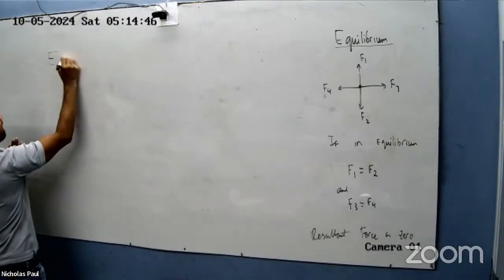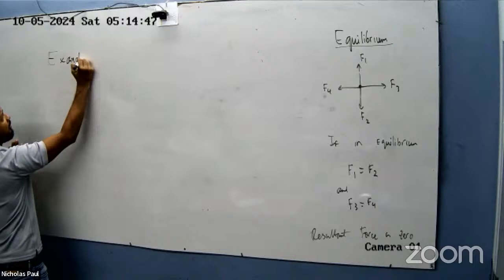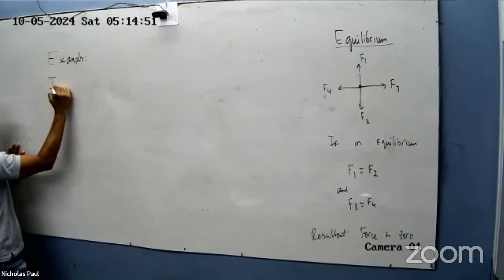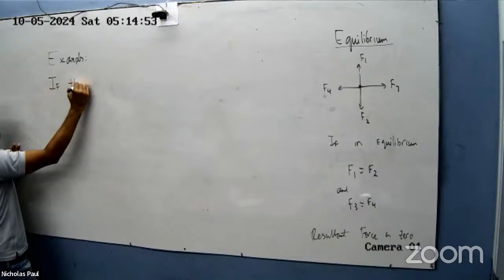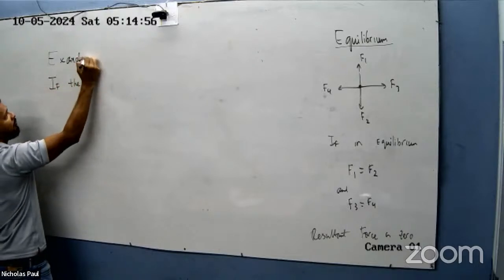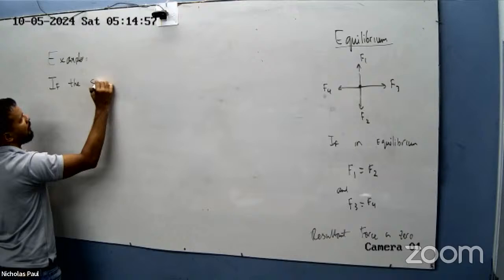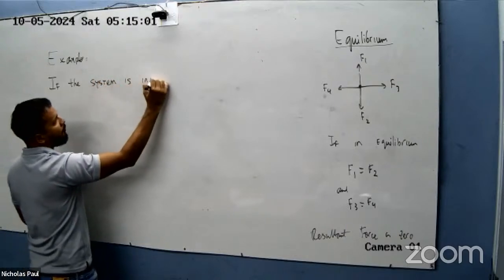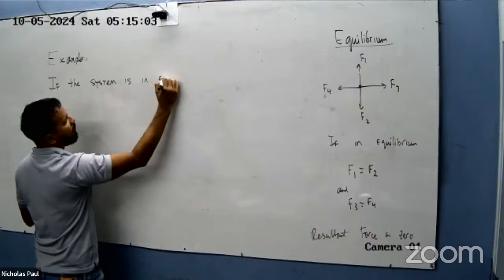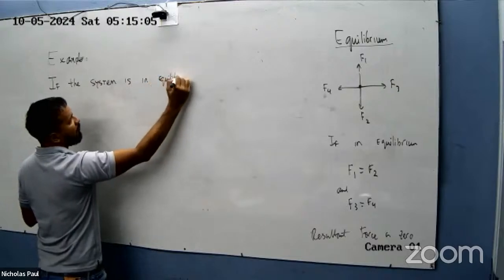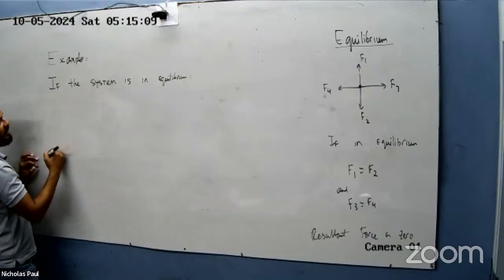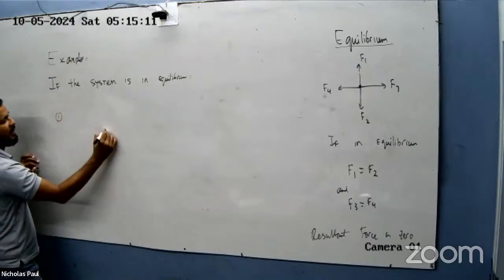Again, for all the examples we assume the system is in equilibrium. If the system is in equilibrium, let's take a look at this here.